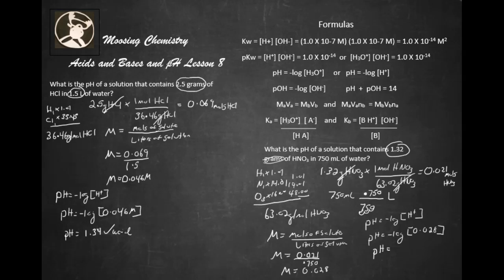I take that number, and my pH is going to be 1.6 or 1.55. And that is definitely an acid. That makes sense because HNO3 is nitric acid, so that pH matches it.